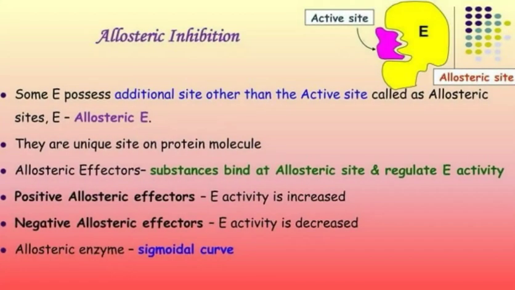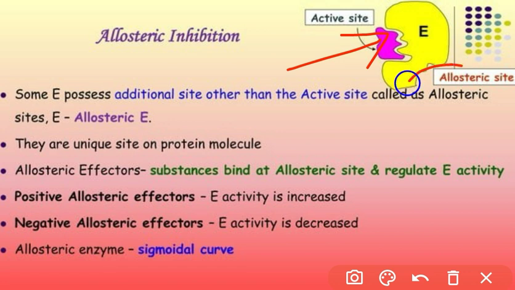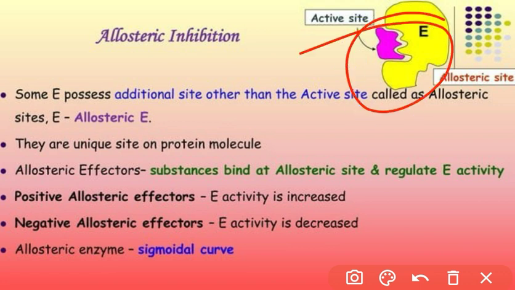The next, allosteric inhibition. In allosteric inhibition, an enzyme has a site where the substrate can bind, known as the active site, and other than the active site, there is another site known as the allosteric site to which the inhibitor molecule can bind and inhibit the activity of the enzyme.